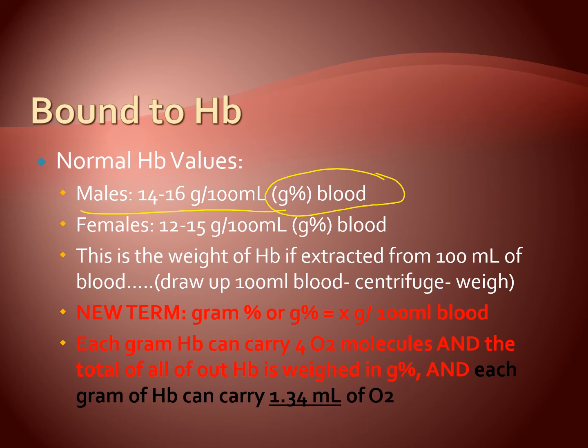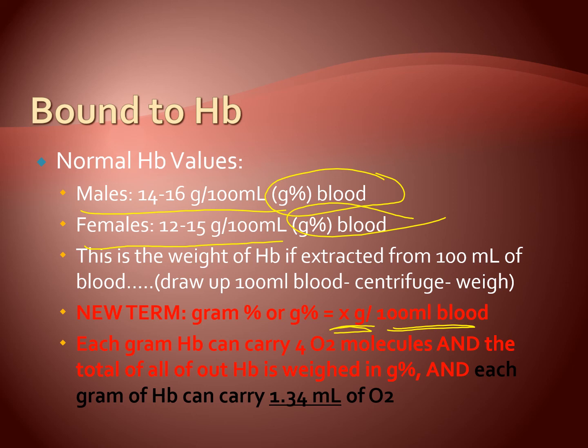Per 100 ml sample, how much mass, or grams, right? How much mass does the hemoglobin take up? For females, 12 to 15 grams per 100 ml, or grams percent, right? So this is the weight or the mass if you extract it from a 100 ml sample. All right, so grams percent, right, is just how much mass there is in a 100 ml sample of blood.